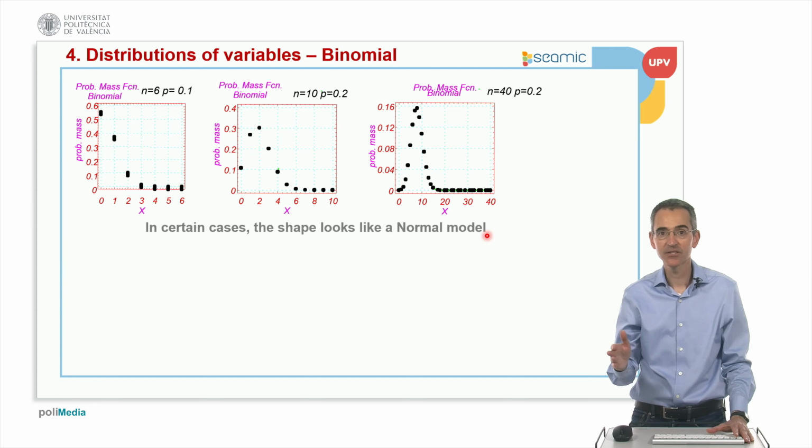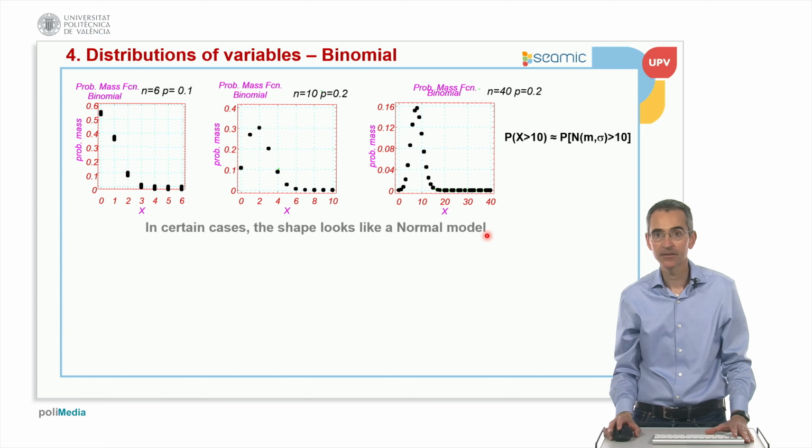So this topic of normal approximations will be the matter of a video that you can see in the next classes. For example, the probability that x is bigger than 10 can be computed assuming that it has a similar shape to a normal model.